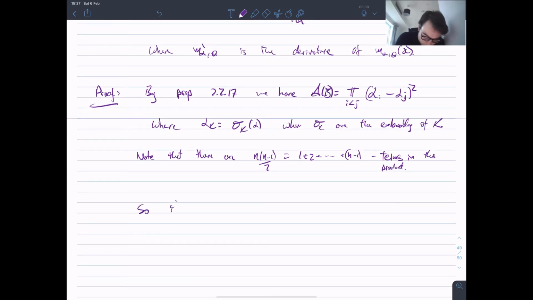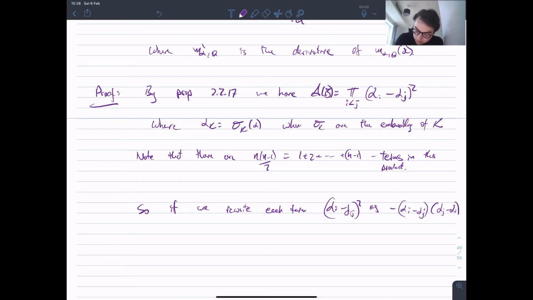So if we rewrite each term, say alpha I minus alpha j squared, as minus alpha I alpha j times alpha j minus alpha I. So I'm just rewriting them like this, putting 2 minus 1s in here.